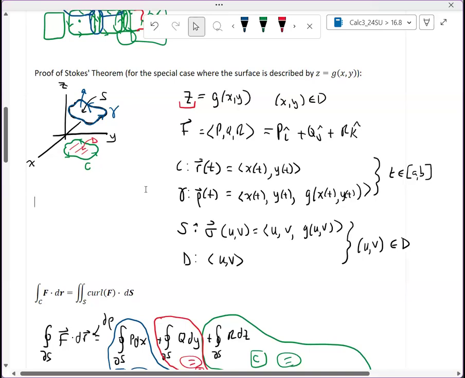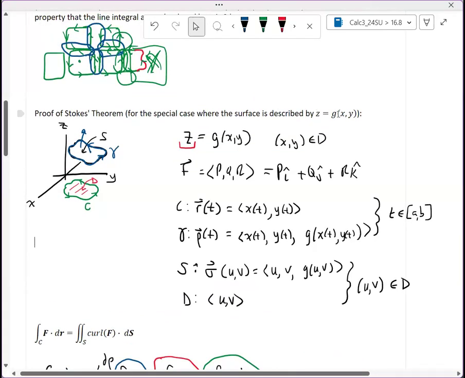As a little bit of an aside, there's nothing super special about Z equals g of x, y. The same argument would work for X equals g of y and z, or Y equals g of x and z. We're just saying that we need to be able to make the surface one output variable in terms of a function of the other two input variables.